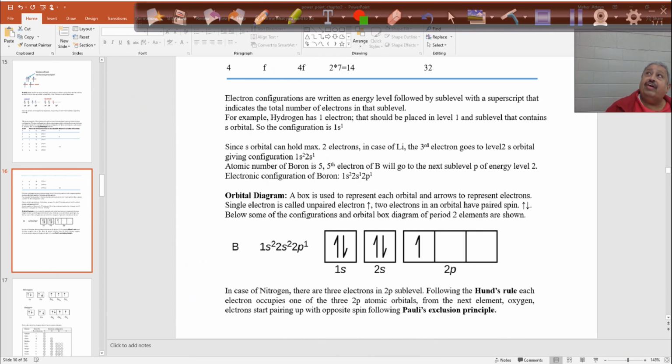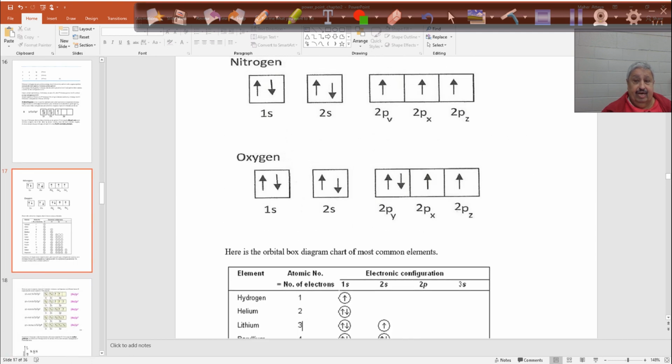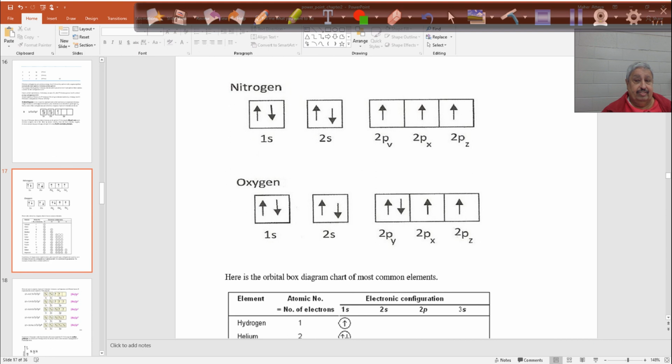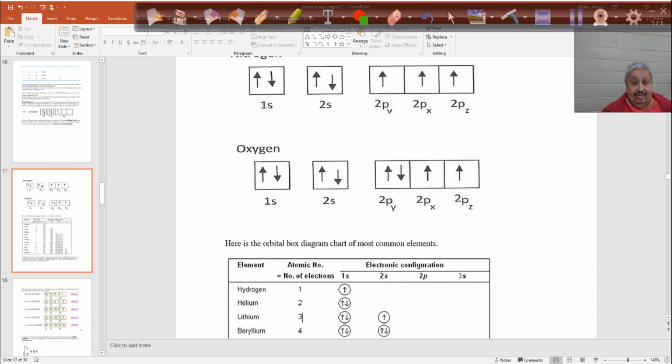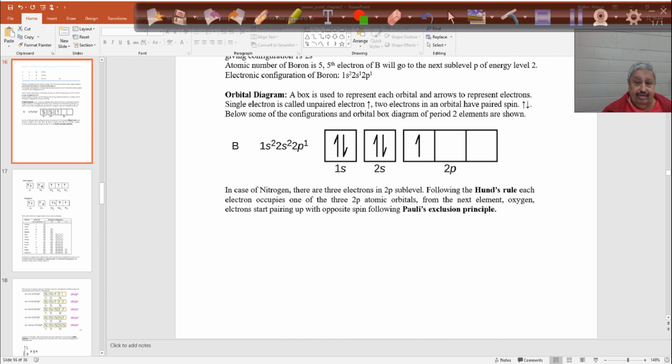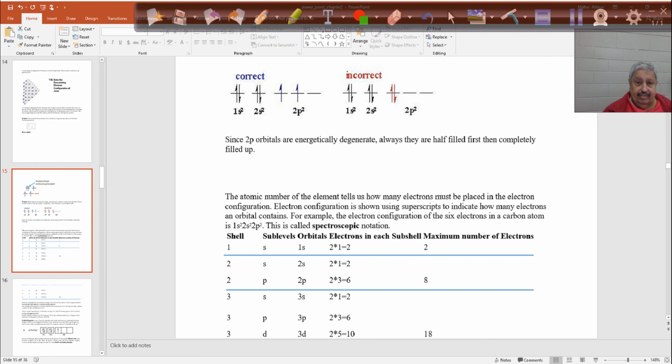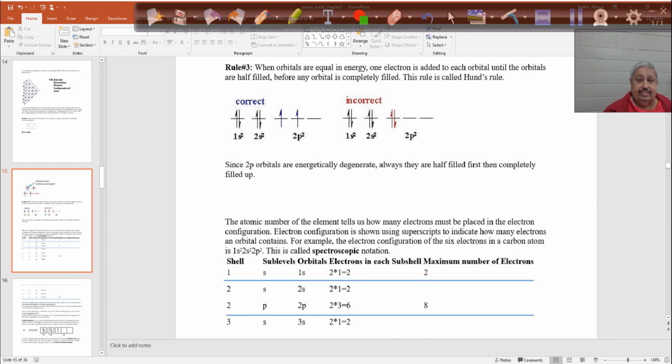Boron has 5. You can see, correct? And you can see oxygen, nitrogen. See how nice they are there. But sometimes they can trick you and give you the opposite. So look at this here.